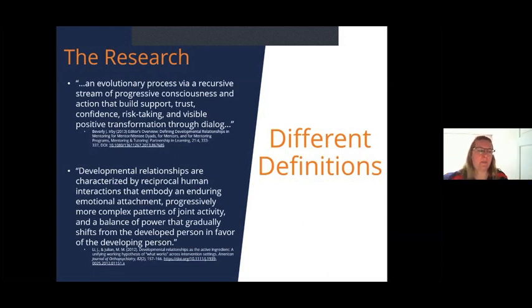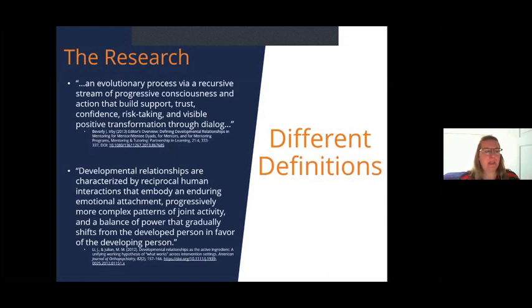So Beverly wrote an article, and I should say that the context there is mostly in a mentoring relationship, but the article says that developmental relationships are an evolutionary process via a recursive stream of progressive consciousness and action that builds support, trust, confidence, risk-taking, and visible positive transformation through dialogue.